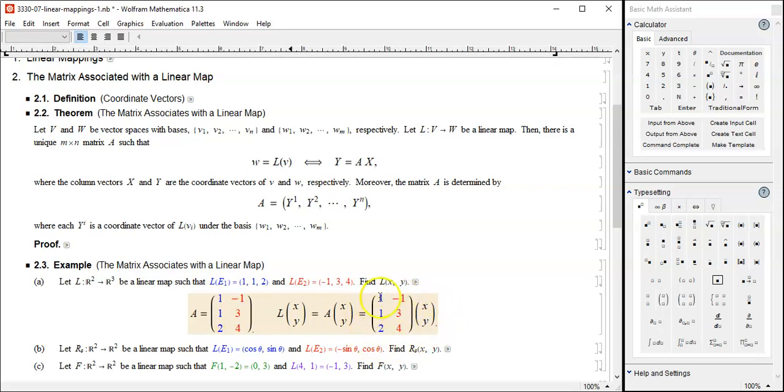So we completely identified that linear map. L of xy is obtained by this matrix multiplication.